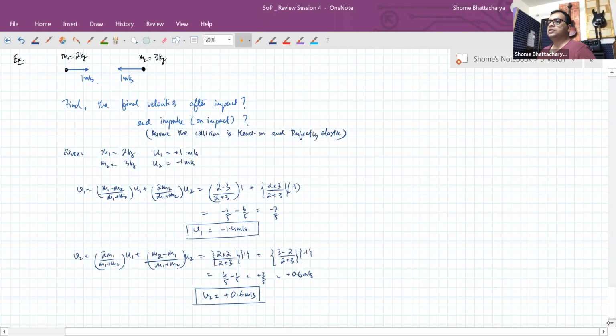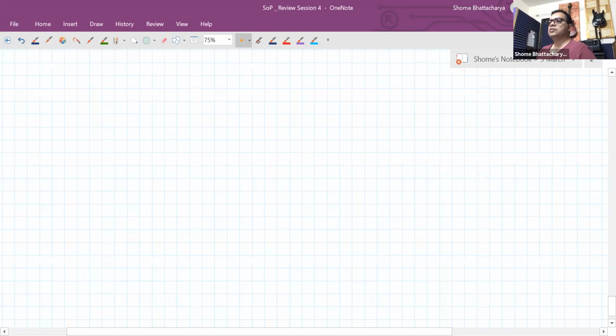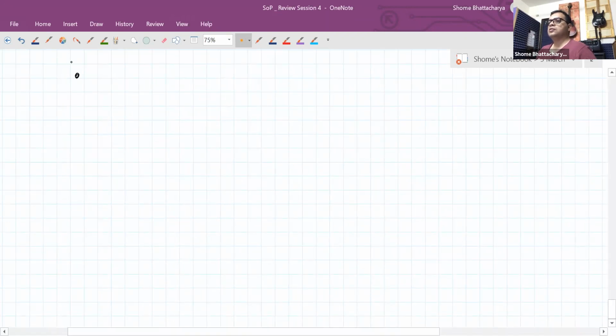Okay, so if we have to just interpret this result, what it's telling us is that the 2 kg particle moving at 1 meter per second directly towards a 3 kg particle which is coming towards it at 1 meter per second.